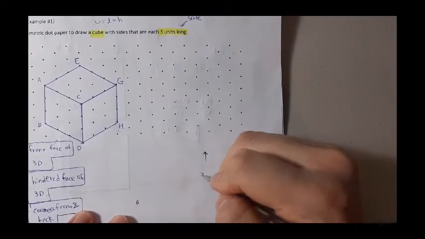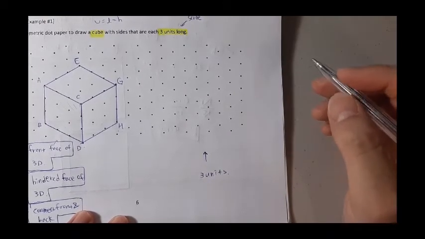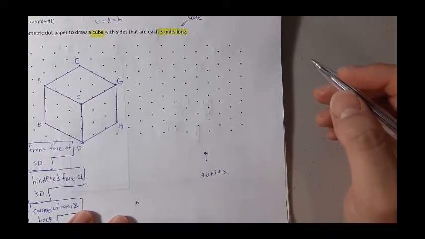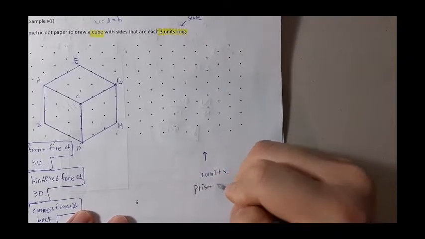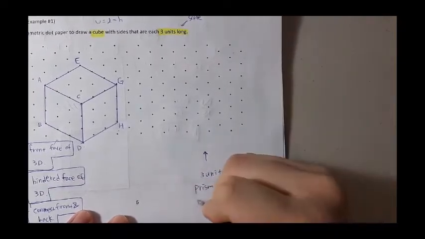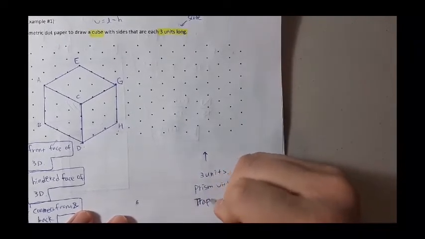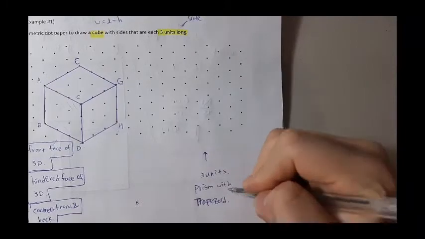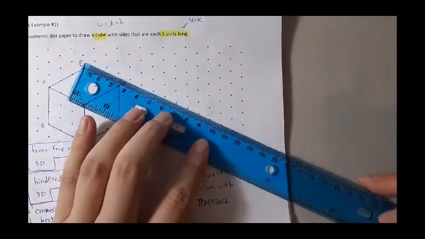Let's say 3 units, and this time, why don't we make a prism with a trapezoid, something like that. And I'm going to create the trapezoid as an example.